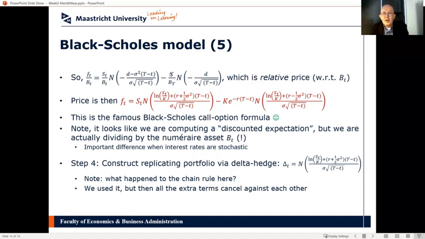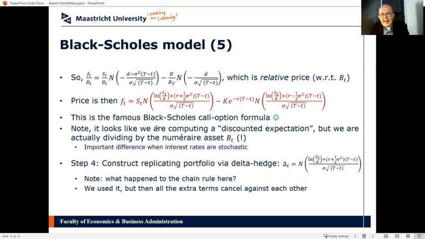Here you get the ratio of B small t over B large T. And then because the interest rate is constant, you get the famous Black-Scholes formula of S small t times N of d1 minus K times e to the power minus r(T minus t) times the N of d2. And this is the famous Black-Scholes call option formula. Now, not from the partial differential equation or the heat equation, but by explicitly doing the integral and doing the martingale version.